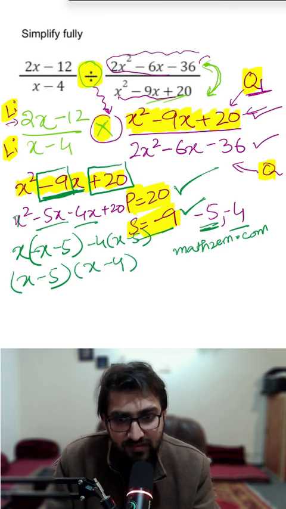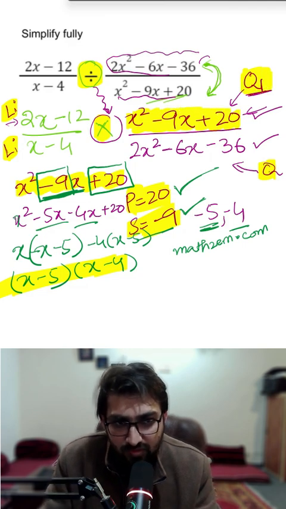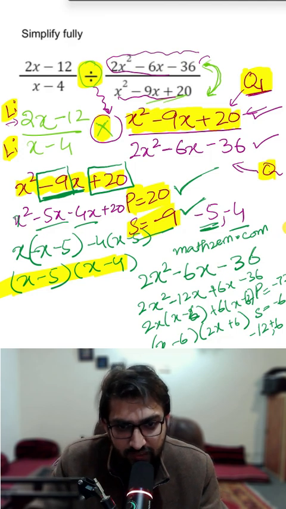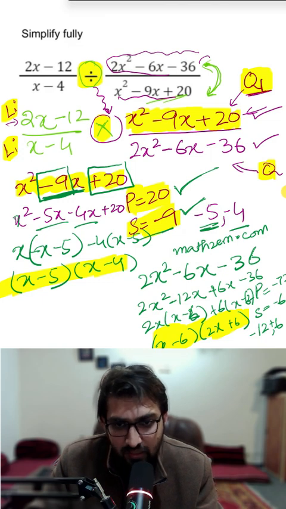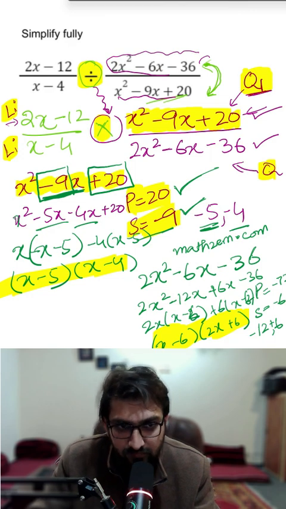Okay, so these are the terms which we will put in place of that equation in the numerator, which is q1, quadratic 1. Similarly, we will solve the denominator quadratic equation. So let me solve that quickly. Okay, so I have solved that equation as well, and I got this answer, which is x minus 6 and 2x plus 6. Now let's put everything back in these two equations. So I will remove all these things.